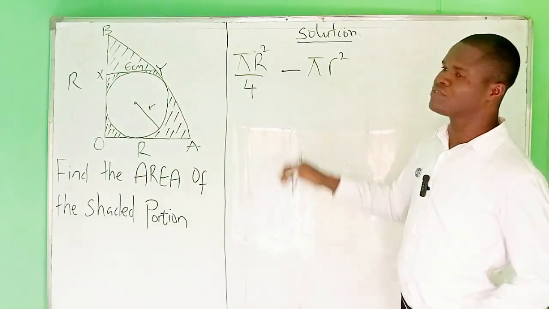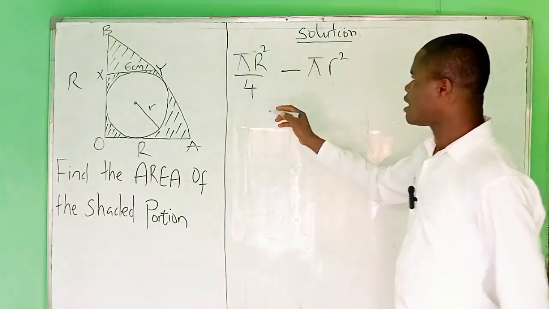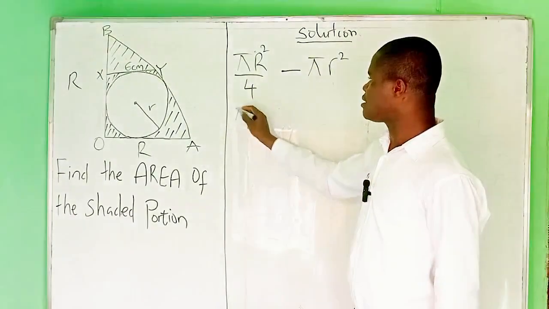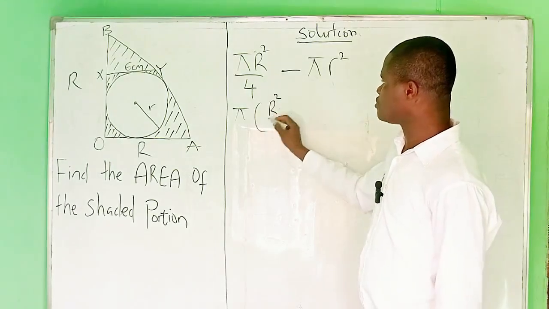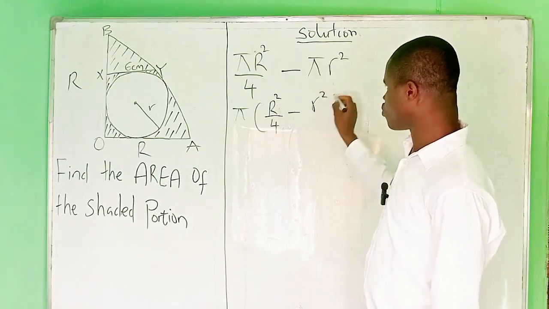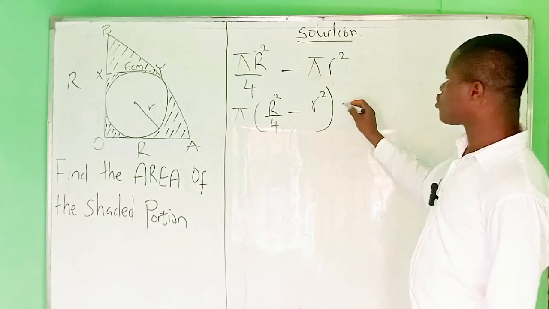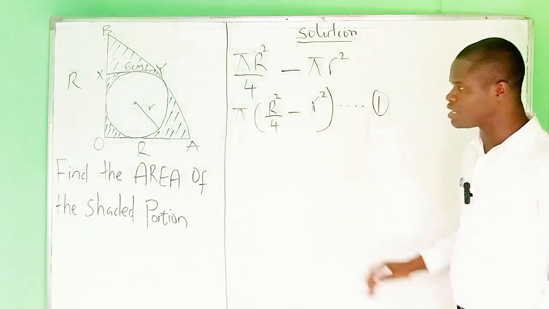If you look at these two things very well, what is common here is pi. So I can factor out pi, and what remains will be capital R square divided by 4 minus small r square. Okay, let me call this equation 1 and keep it. I'll be using it later.